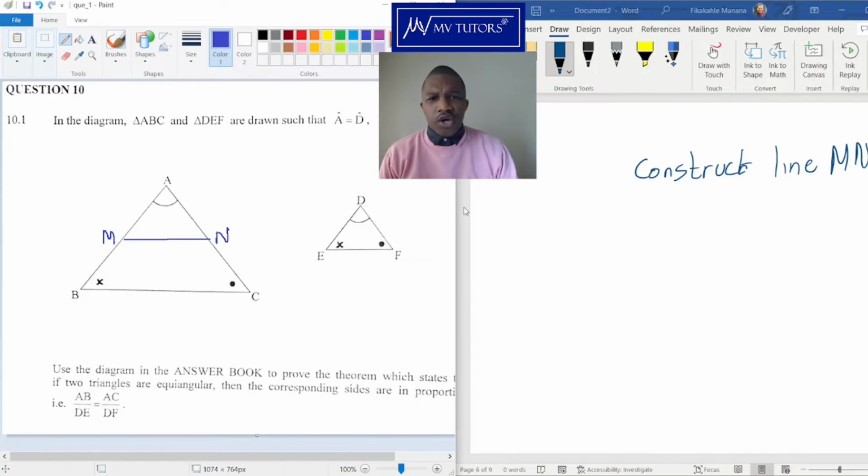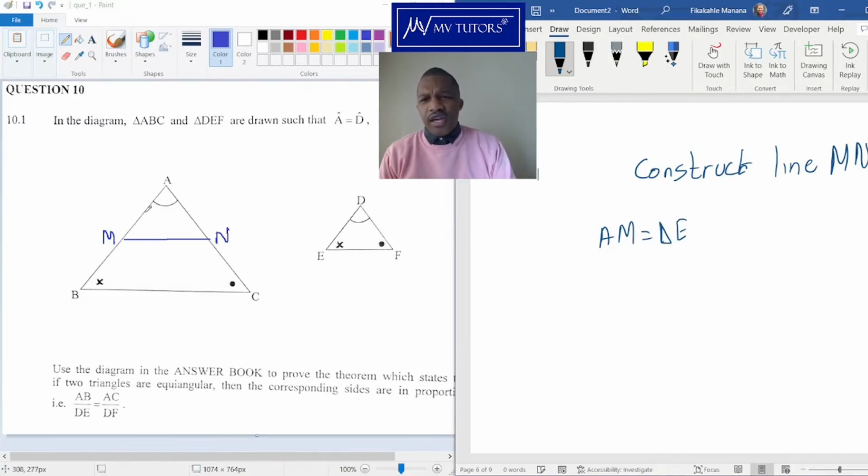So then we are going to say, such that AM is equal to DE. You see, AM is equal to DE. The reason is construction.